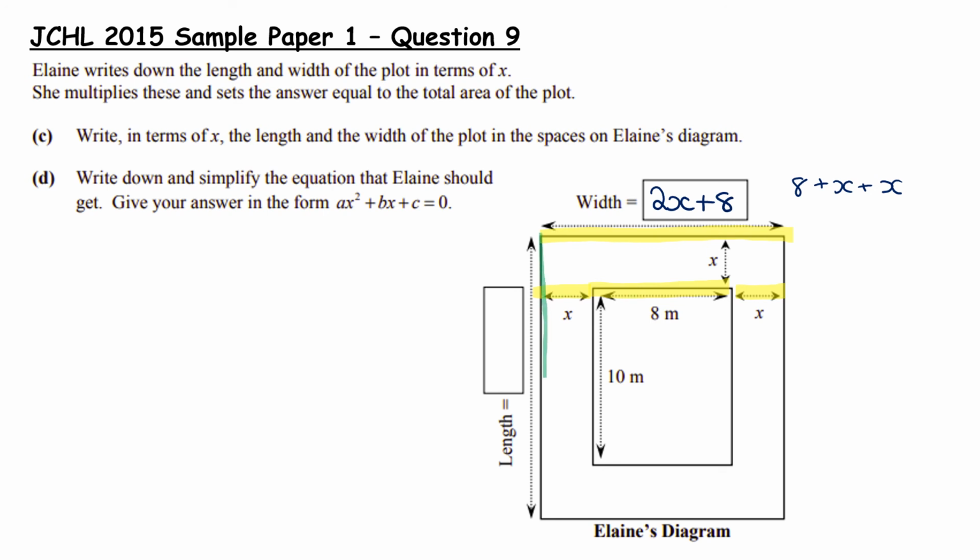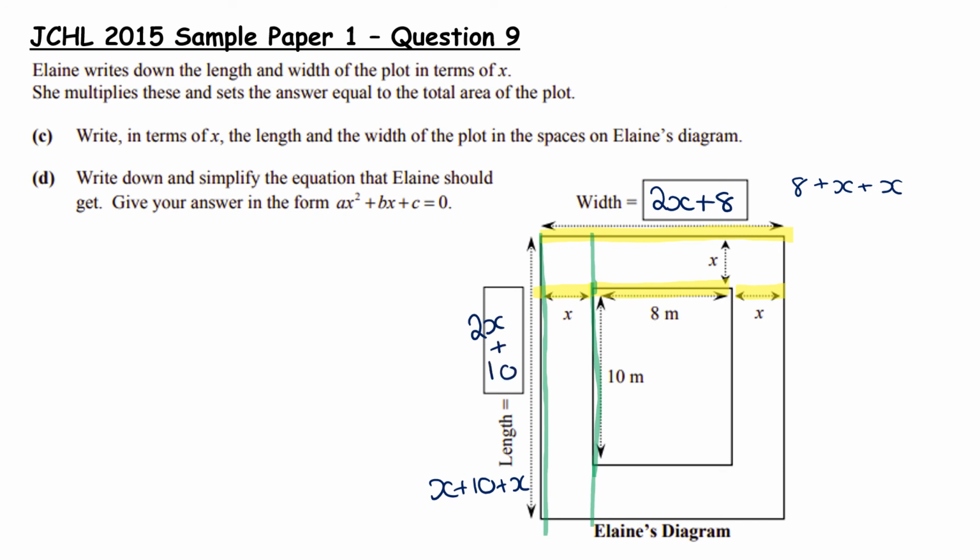Then we have the length, which runs here. So we have this piece, which is x plus 10 plus x. I can't write sideways on this, so I'll write here, x plus 10 plus x, which is 2x plus 10.